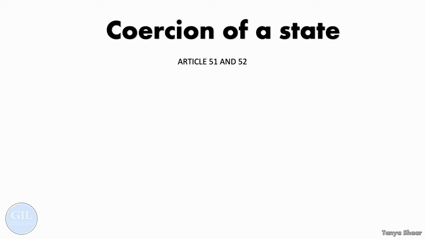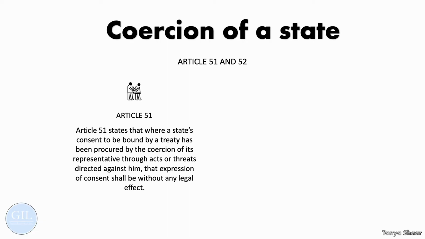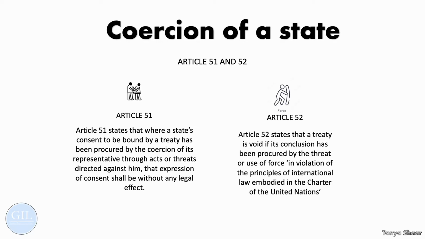Next, we have coercion of a state, which can be found under Article 51 and 52. As per Article 51, where a state's consent to be bound by a treaty has been procured by the coercion of a representative through acts of threats directed against him, that expression of consent shall be without any legal effect. Article 52 goes on to explain the use of force.